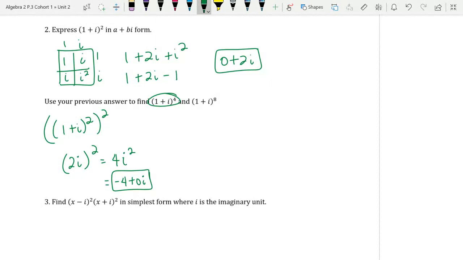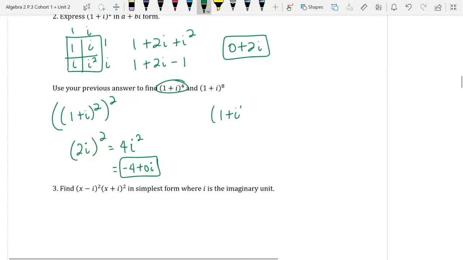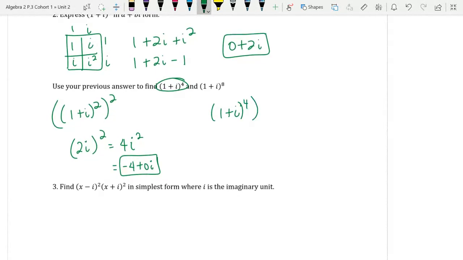Well, then I can use that answer and apply it to the 8th power, right? So if I take 1 plus i to the 4th and square that, that's the same as 1 plus i to the 8th power. So if I take my -4 and I square it, I get positive 16 plus 0i.